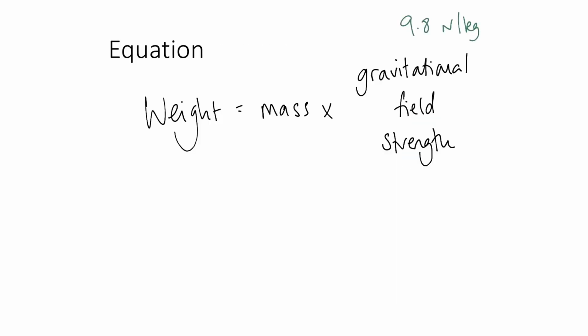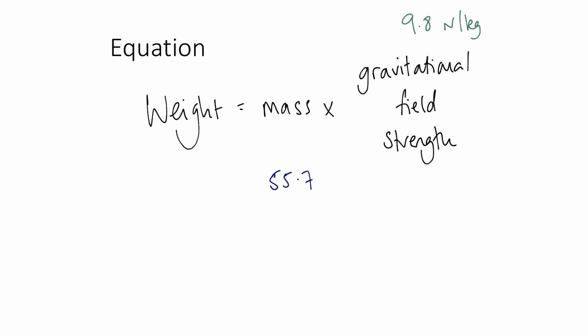So if we just look at an example, if we have 55.7 kilograms, we would then multiply that number by 9.8, and that would give us our weight. So in a calculator, which you absolutely need for your exam, and I'm hoping that you've got one in front of you, 55.7 multiplied by 9.8 equals 545.86, or we can round that to 546 newtons.